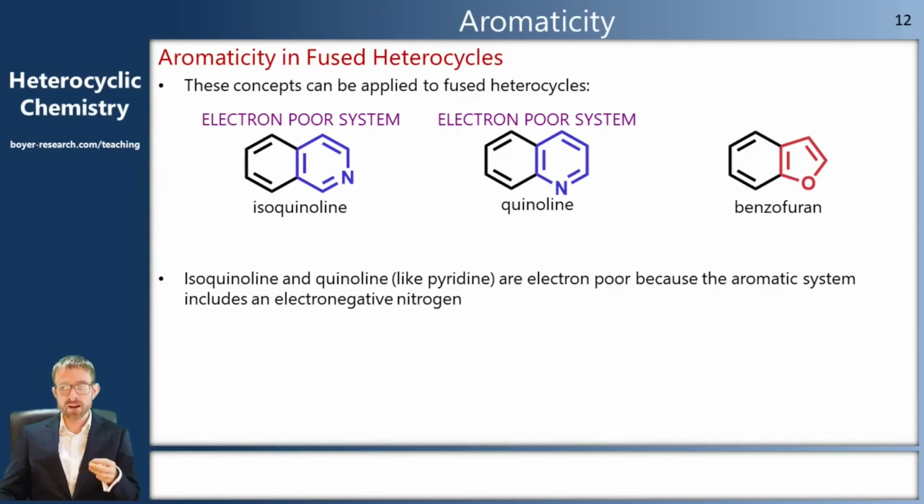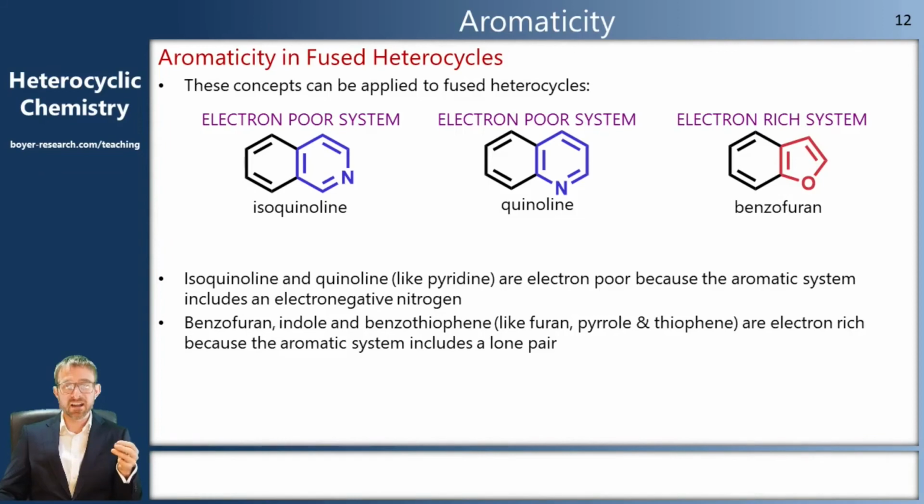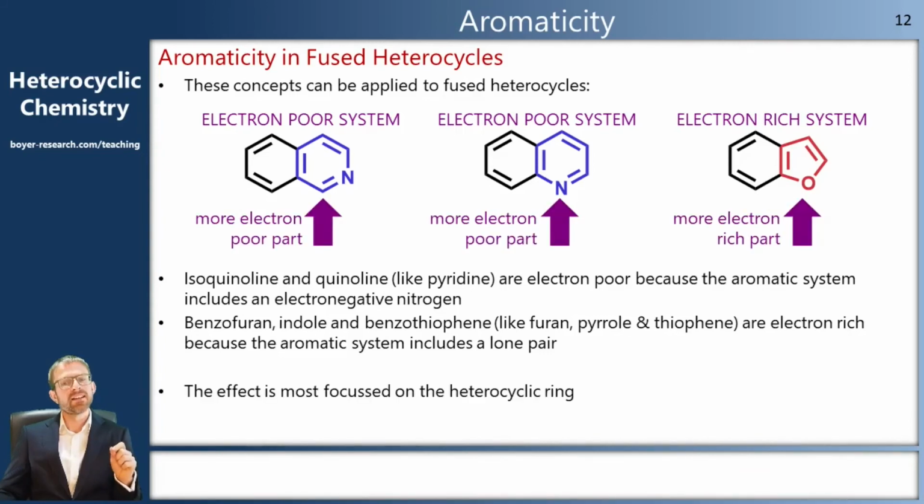In benzofuran, again, it is flat, it's cyclic, it has contiguous p orbitals, and it has 10 electrons, but this time to make our 10 electrons, we have to use the high energy oxygen lone pair. Now that makes that system electron rich. However, the effect is not distributed uniformly across the whole system.